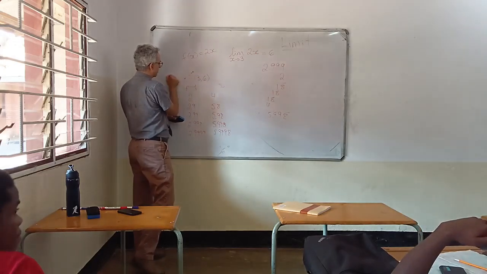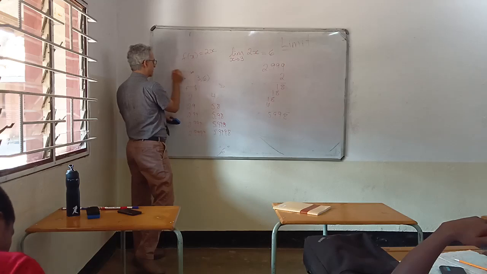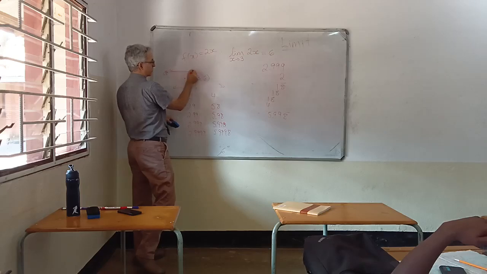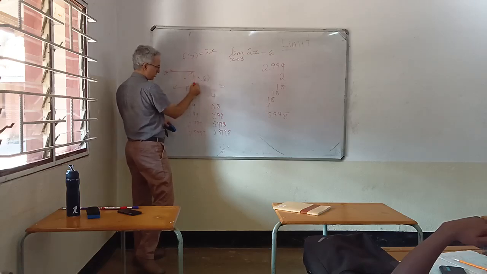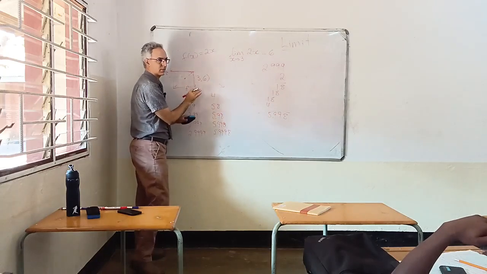Then the numbers on the range are getting closer and closer to, here I've got 5.8 and 5.98 and 5.998, and I'm getting closer to 6. I'm not going to reach 6 because 6 would mean that I have reached 3. I don't want to reach 3. I want to get closer to 3.